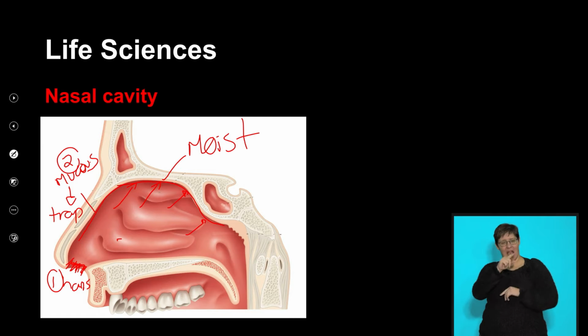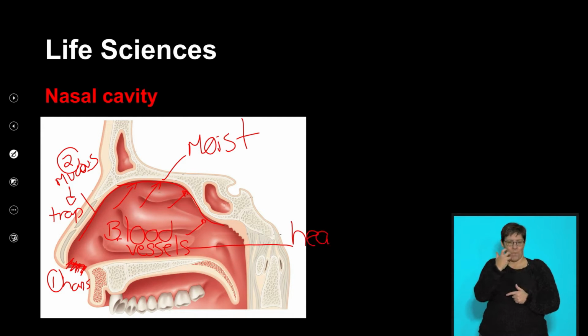And if you notice the color here, it's red. The third thing that the nose must have is a lot of blood vessels. Now, guys, not for gaseous exchange. Gases do not exchange in your nose. The blood vessels are there to heat up the air. Say, for example, it's a really cold day. You can see I'm wearing a scarf, so it probably is quite cold.